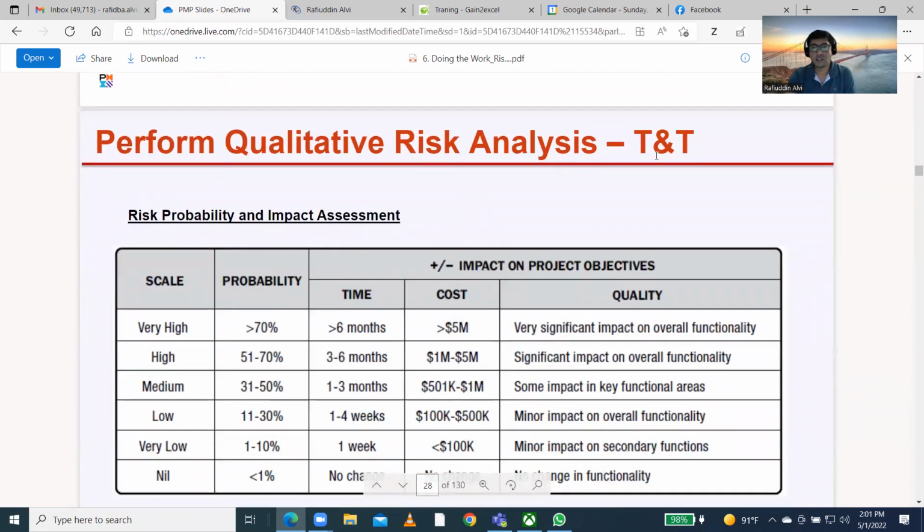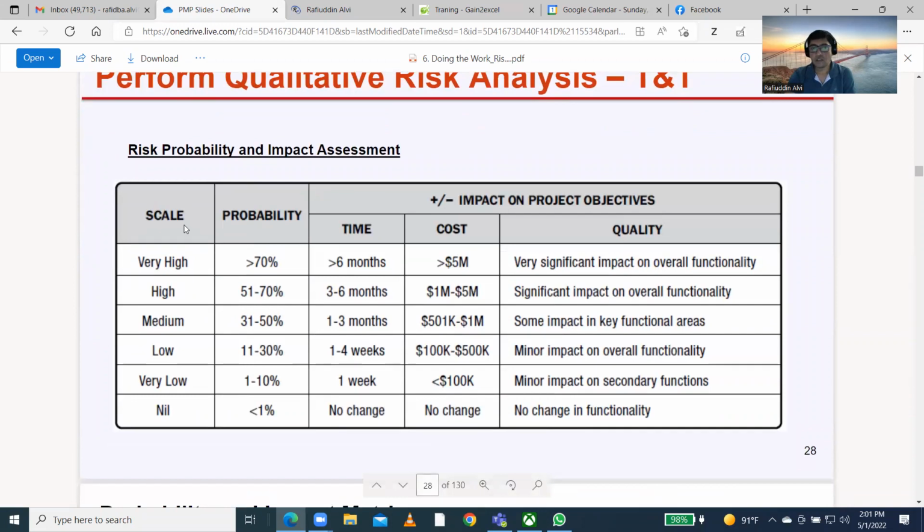In qualitative risk analysis, there are some tools and techniques. One of them is the risk probability and impact matrix. You will give a scaling like very high, high, medium, low, very low, and nil. Then you will say probability means the chances of this risk occurring. If it is above 70%, I will put it under very high.